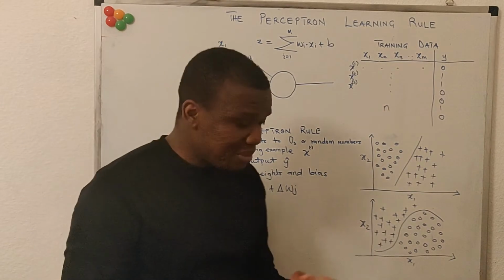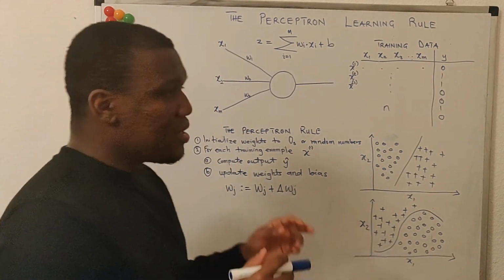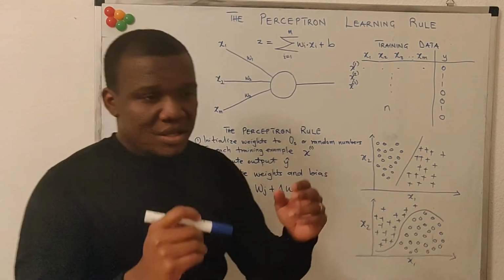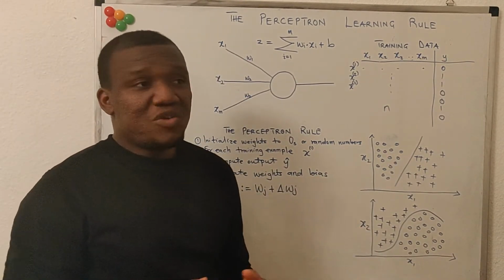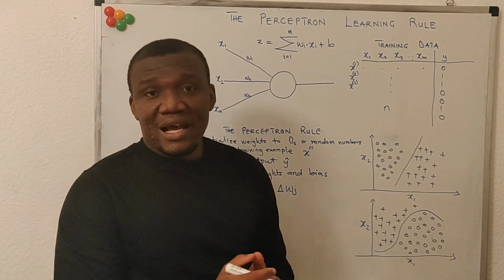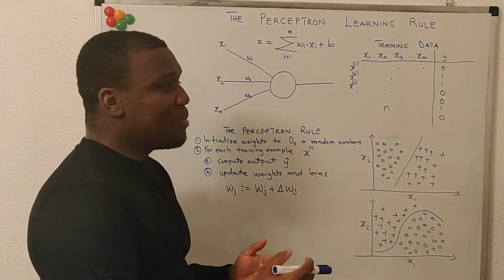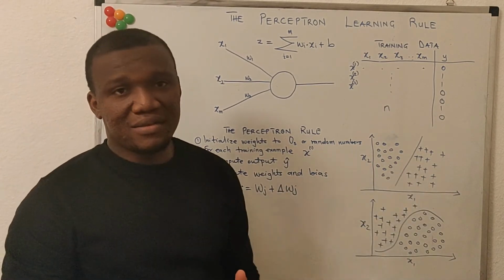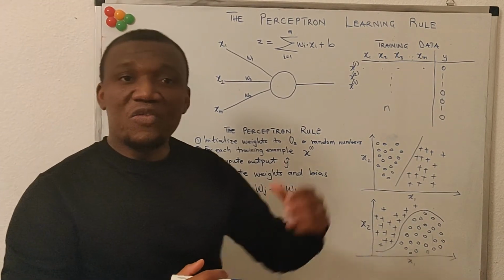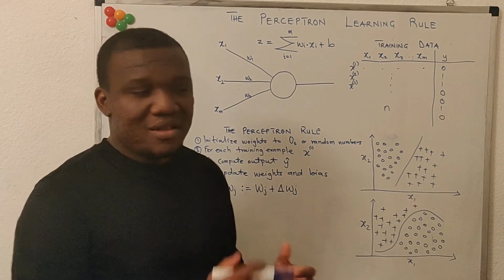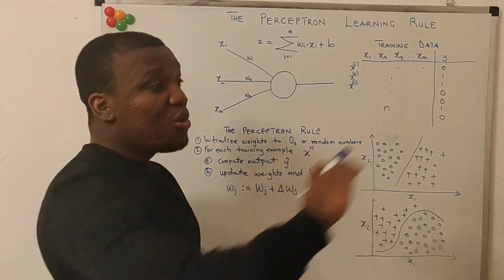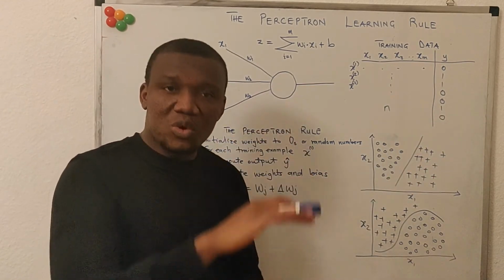Let me give you one more example to make it concrete and then we move on. Think of the point where you want to sell a used car. There are two things that you can consider when you are pricing a used car. You can look at the year in which the car was manufactured and then how much mileage the car has done. If the year is not too far in the past, then the price of the car will be higher. If the car has done more mileage, then the price is going to go down.